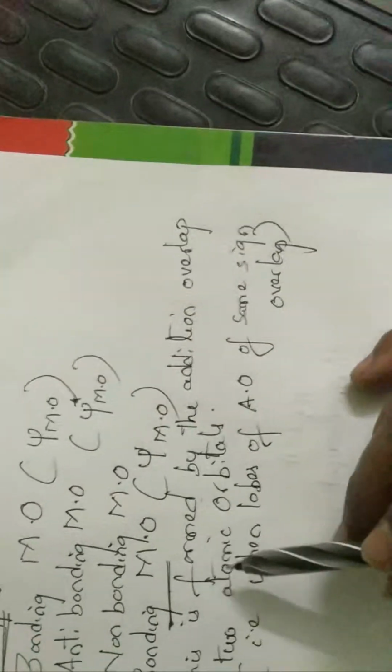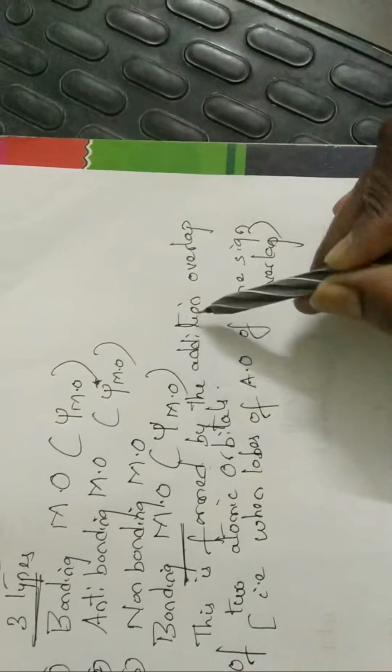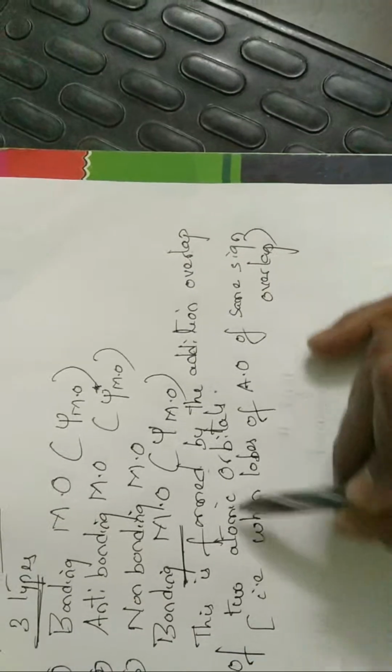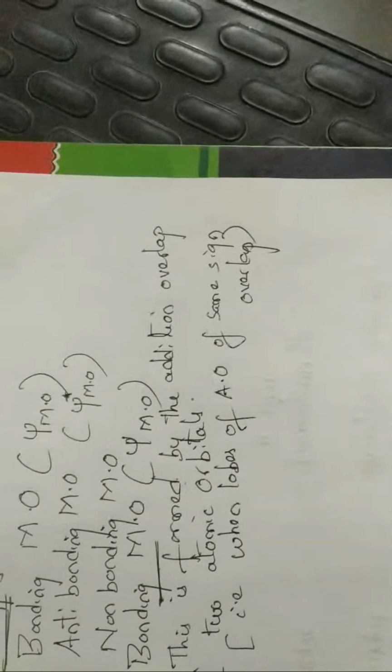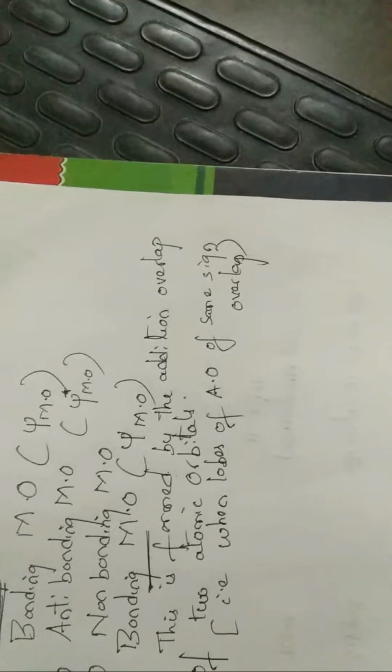I'll repeat again: bonding molecular orbital is formed by the addition overlap of two atomic orbitals.